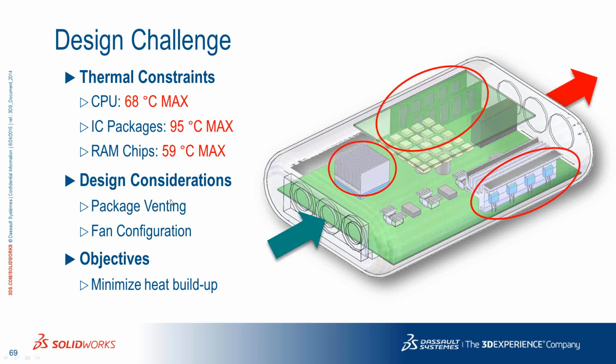And then based on that, we're going to look at a few design cases or scenarios, like different packaging options. Can I try out multiple venting options on the enclosure? How about fans? Can I use 1 fan, 2 fans, 3 fans? If I can get away with 1 fan, what's the optimal location of this fan? But the overall objective is to minimize the heat buildup in this entire electronic system.